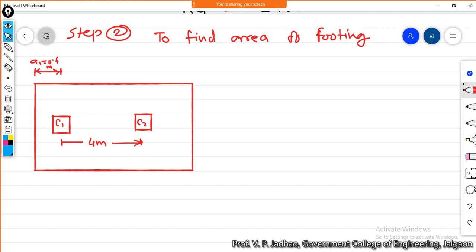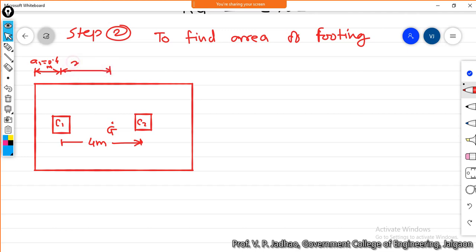Okay, let us assume that the center of gravity of the load acting on C1 and C2 is G. Okay, this is the CG of load acting on C1 and C2.